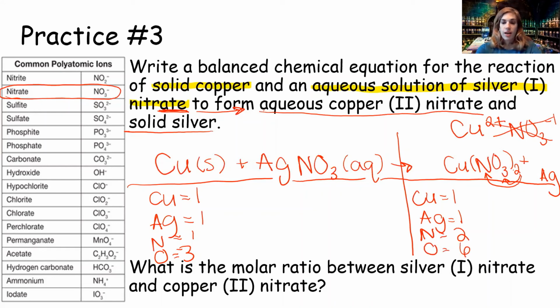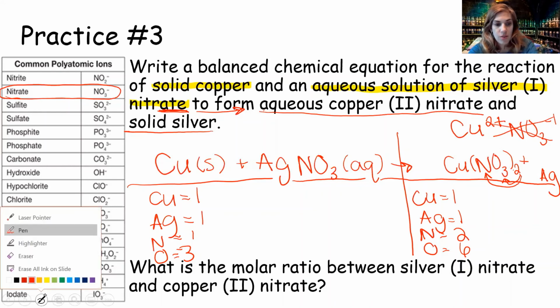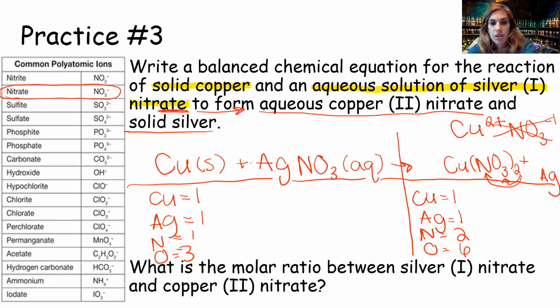So it looks like my nitrogens and oxygens, which happen to be together because they're nitrates, are what I need to balance first. So I'm going to start by putting a 2 coefficient, and I'm actually just going to switch colors right now so that it's a little easier to see my coefficients. I'm going to put a 2 coefficient here, and when I do that, it distributes to everything.